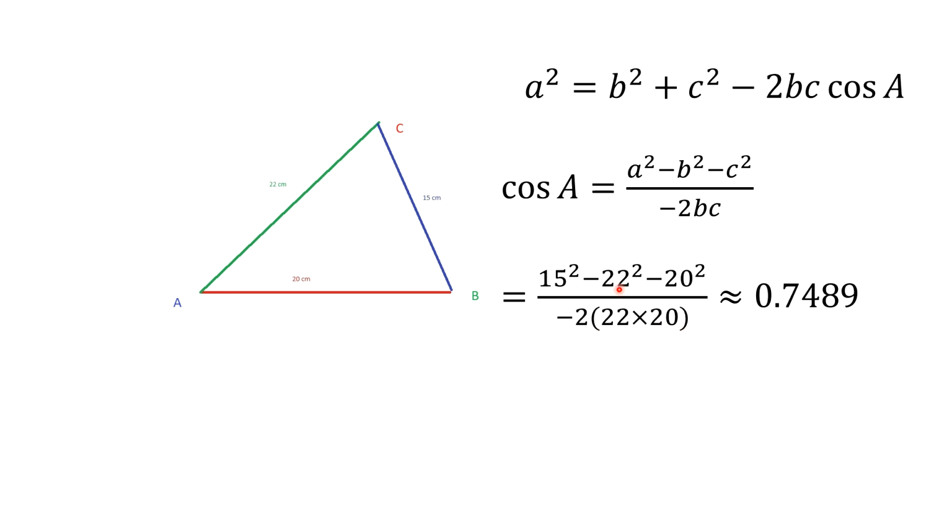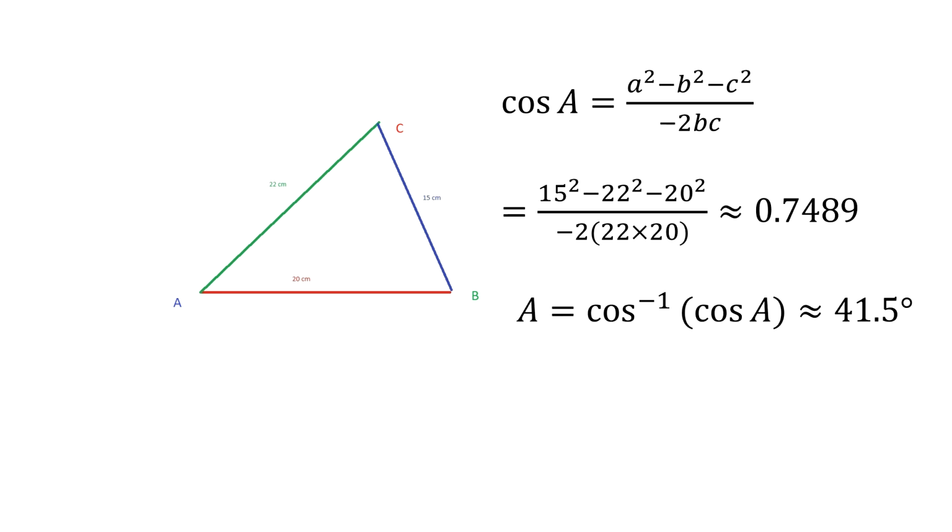And if I crunch this with my calculator, I rounded this off, it's approximately 0.7489. I wanted to keep enough digits that it didn't get too far off, but I'll do the rounding in the end.